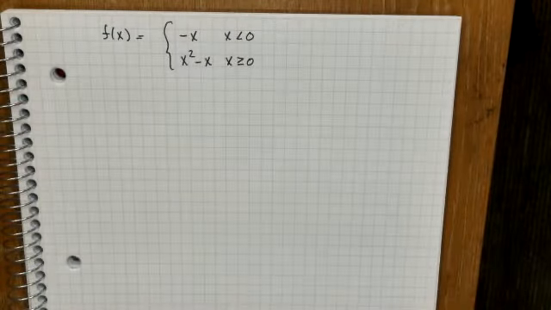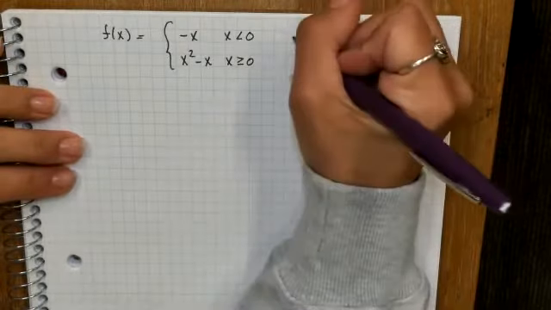It already looks funky, huh? And I want to know, does the curve have a tangent line at x equals 0?